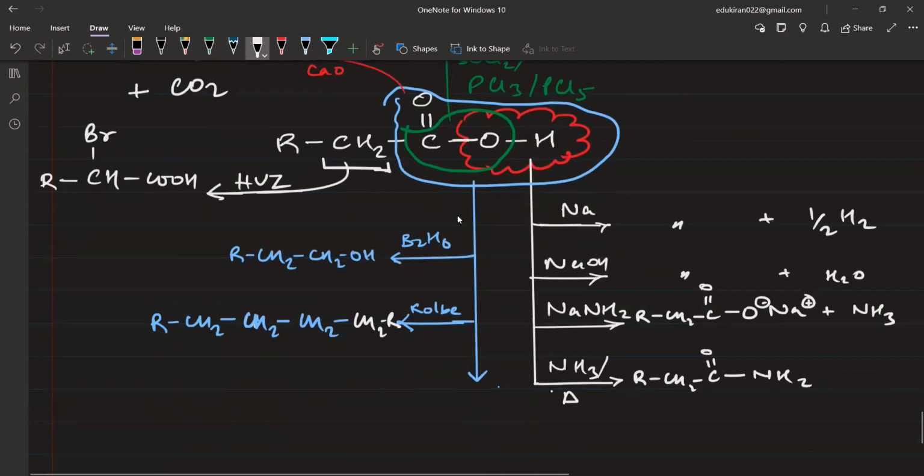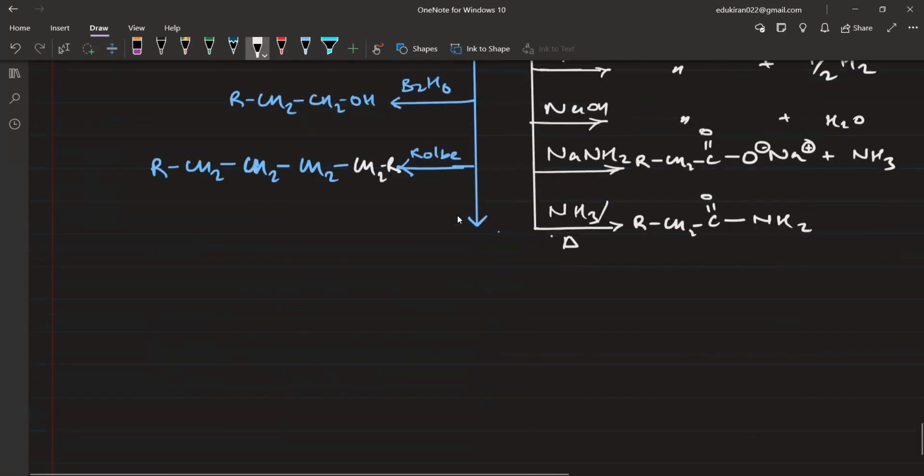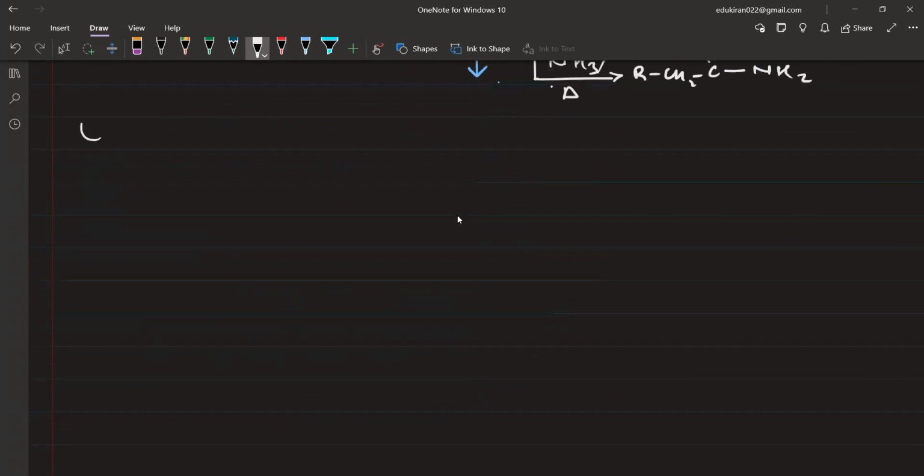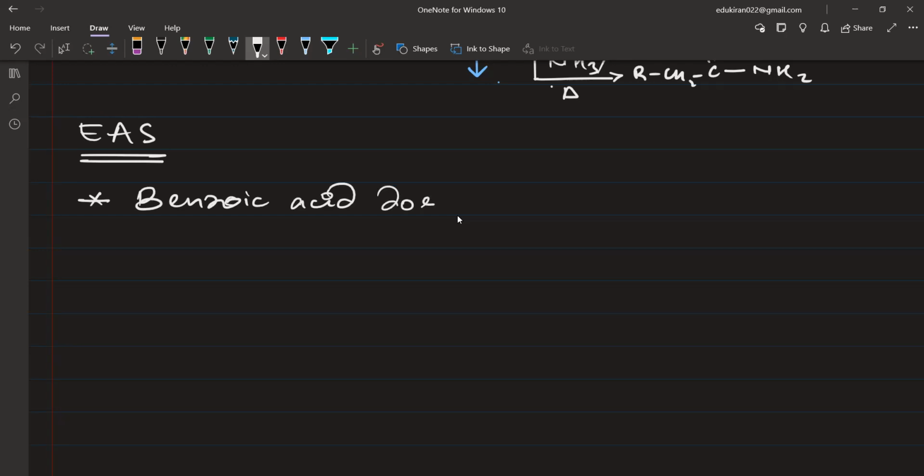Okay. And what else? Then you have the electrophilic aromatic substitutions. In electrophilic aromatic substitutions, important point आपके पास ये है that benzoic acid does not give Friedel-Crafts reaction. चाहे वो alkylation हो चाहे वो acylation हो, Friedel-Crafts का reaction नहीं देता.